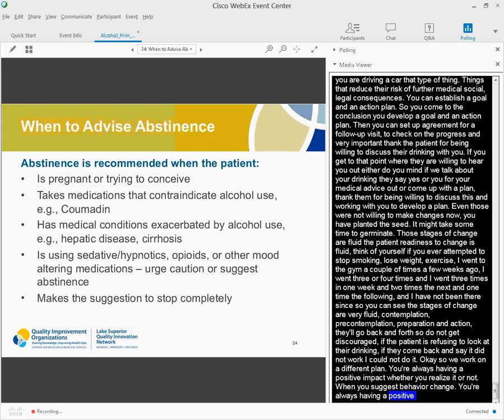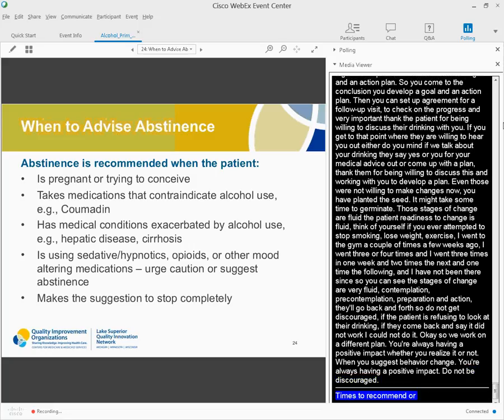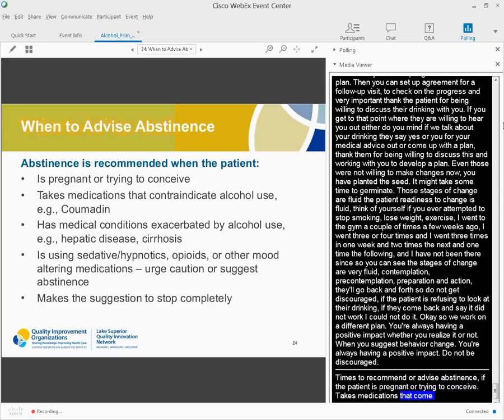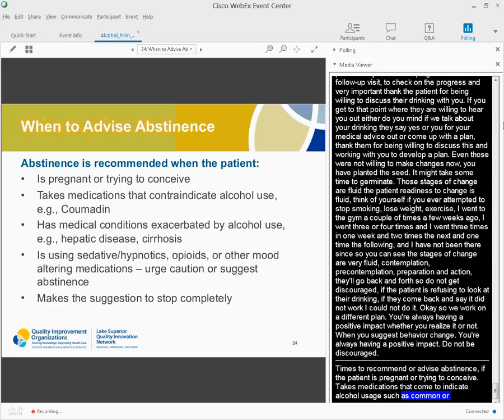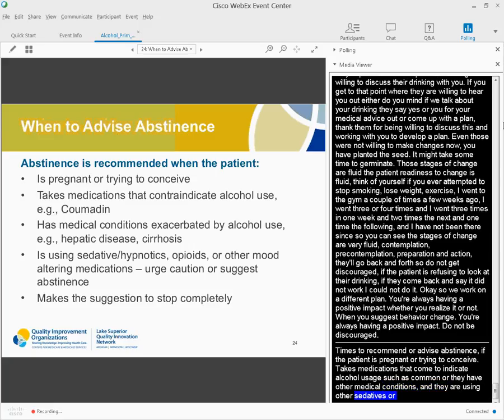Okay, times to recommend or advise abstinence. If the patient is pregnant or trying to conceive. Takes medications that contraindicate alcohol use, such as Coumadin, a blood thinner. Has other medical conditions exacerbated by their alcohol use, and/or is using other sedative hypnotic drugs, opioids, or other mood-altering medications such as antidepressants, sedative hypnotics, anxiolytics, whether they be prescribed or over the counter.